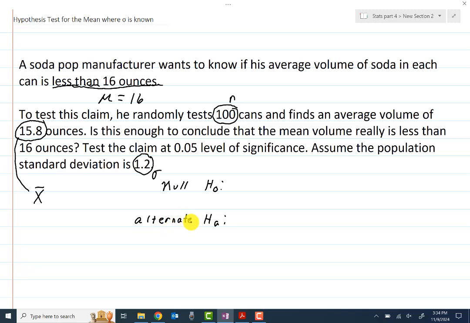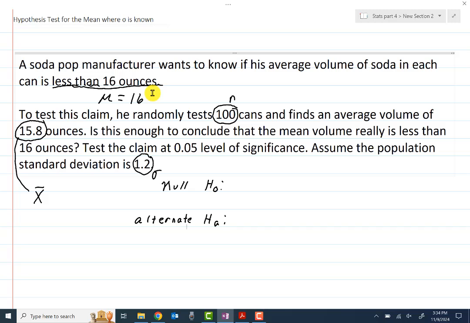The alternative hypothesis is always a statement that involves an inequality symbol. Here, we're testing to see if our mean is actually less than 16 ounces. Remember, mu is the population mean, and we're really testing to see if mu is less than 16. We're hoping it's 16 because that's the stuff we're selling, but let's check and see what the stats tell us.